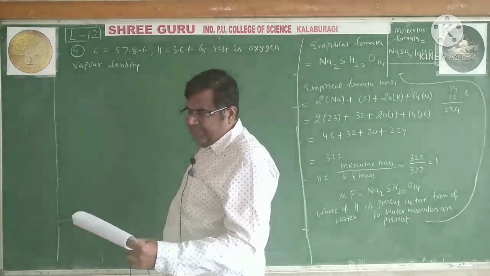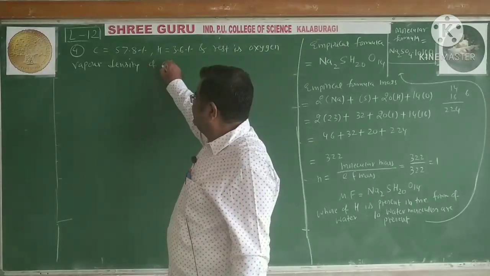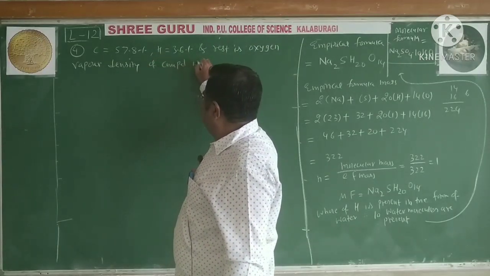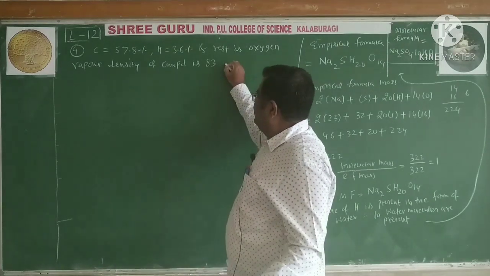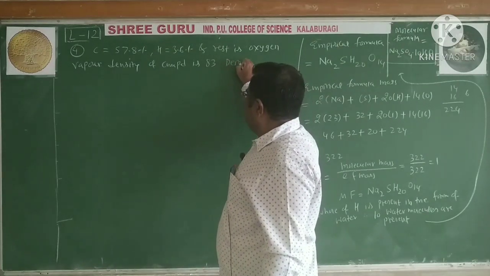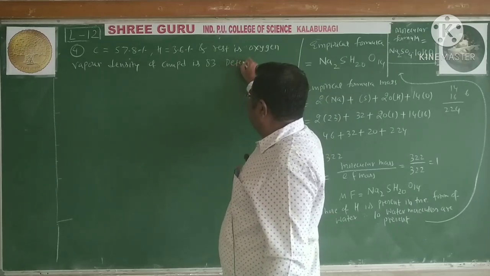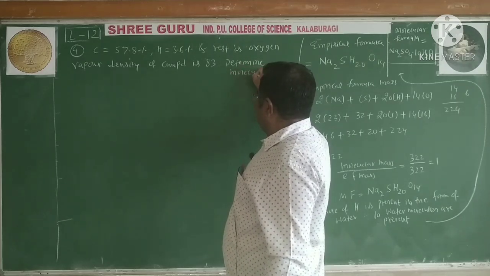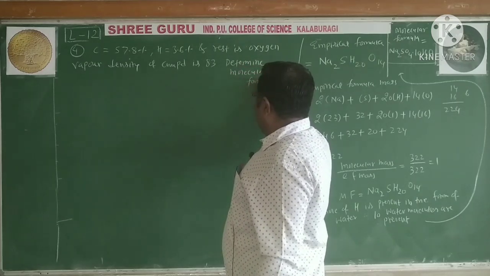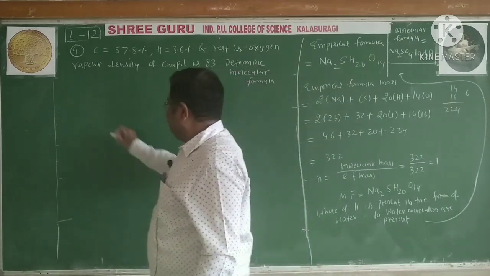Vapor density of the compound is given as 83. Determine the molecular formula is the question.